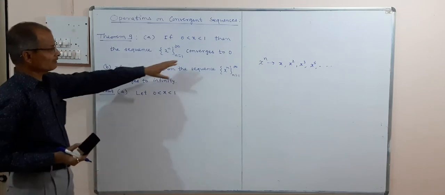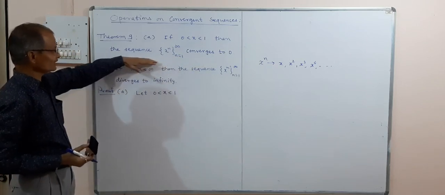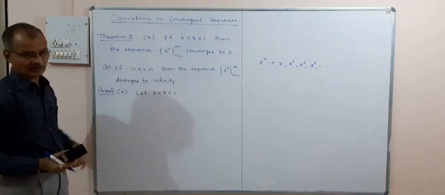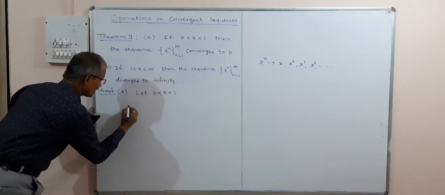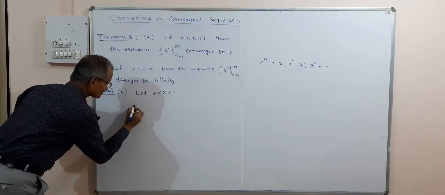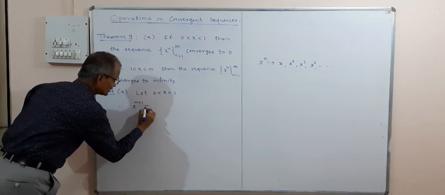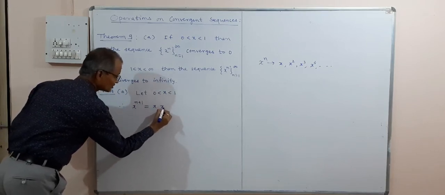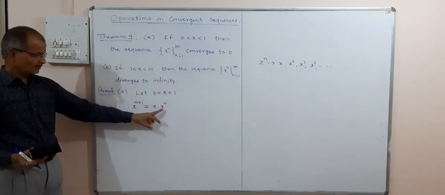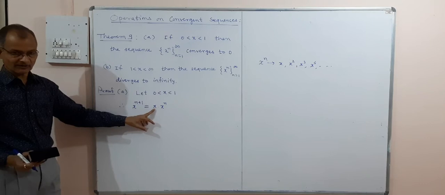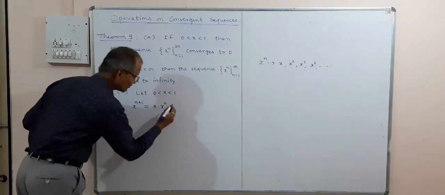To show this sequence is convergent, we shall first see whether it is increasing or decreasing, or non-decreasing or non-increasing. We have x raised to n plus 1, which is equal to x into x raised to n. Because x is less than 1, x raised to n is multiplied by a quantity less than 1, so the value decreases.